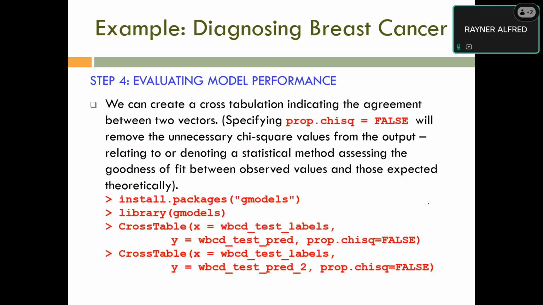So this one is just plotting x and y, where we look at the test level and also the test prediction versus the actual test level, and also the actual test for the breast cancer.